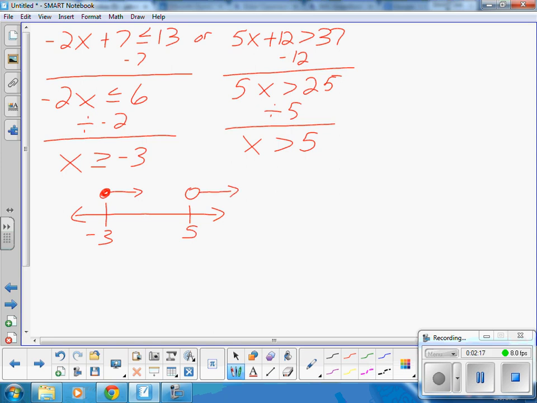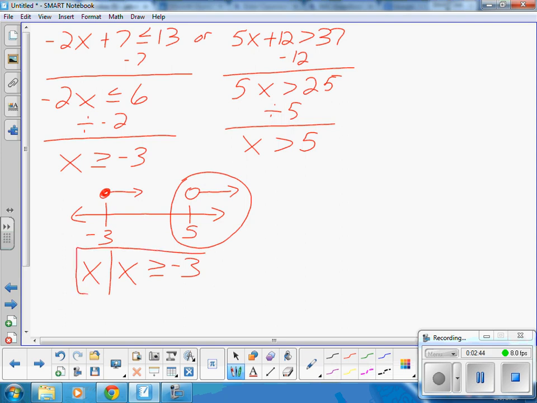They're both pointing to the right. Okay, well, even though we talk about x being greater than 5, that is still part of the solution to the two compound inequalities. So our answer here is {x | x ≥ -3}.